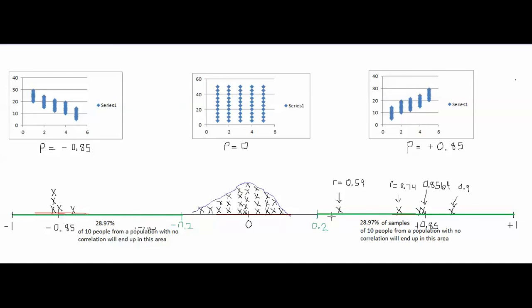Because if 28.9% of all of the samples end up in this area, then each individual sample has a 28.97% chance of landing in this area. The same thing is true out here.